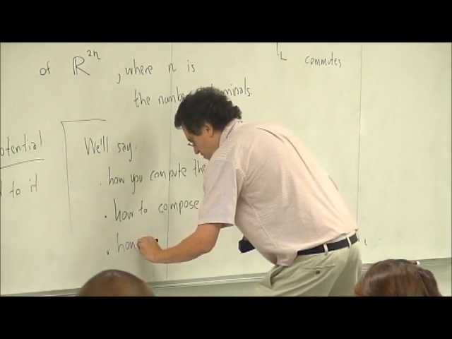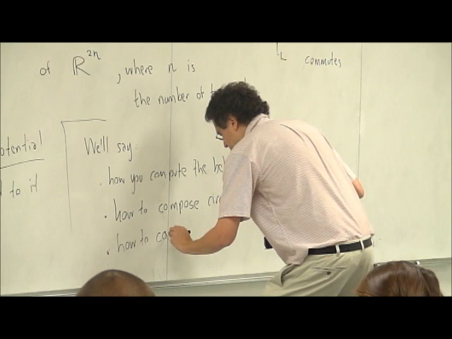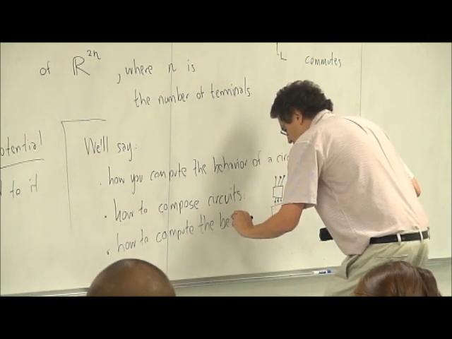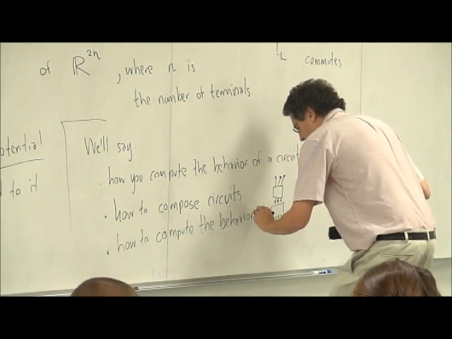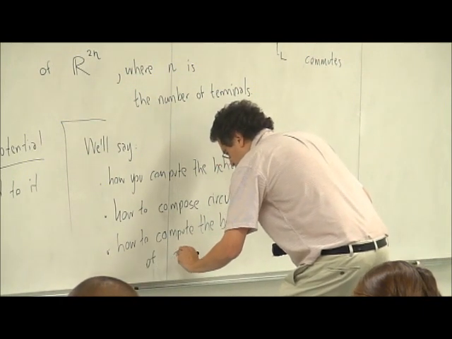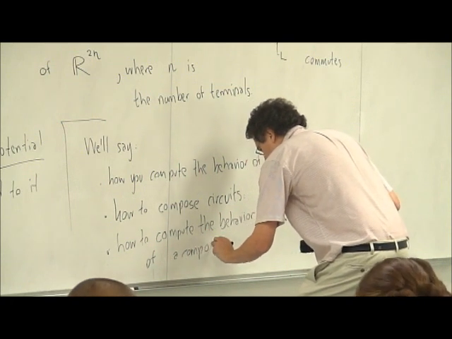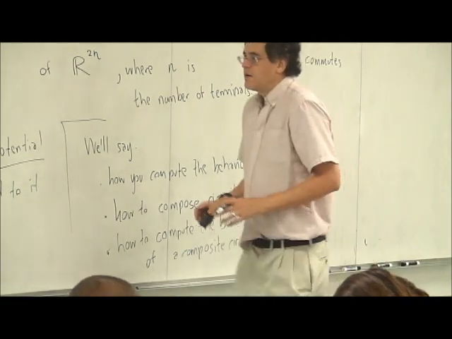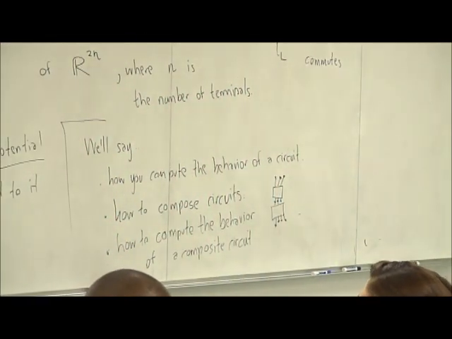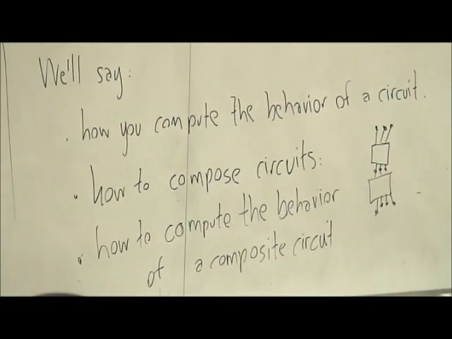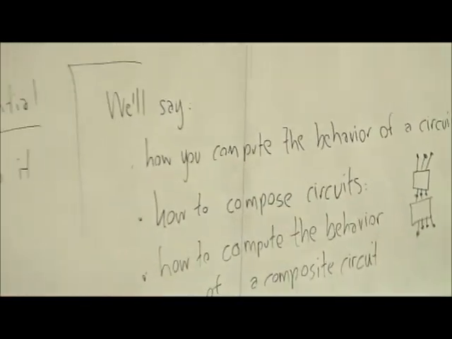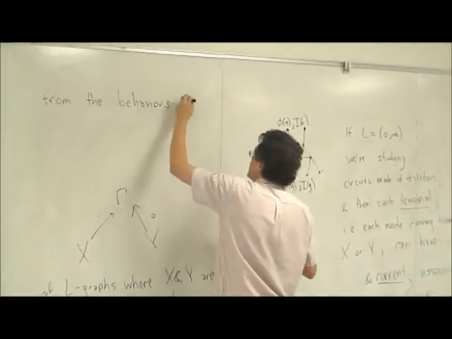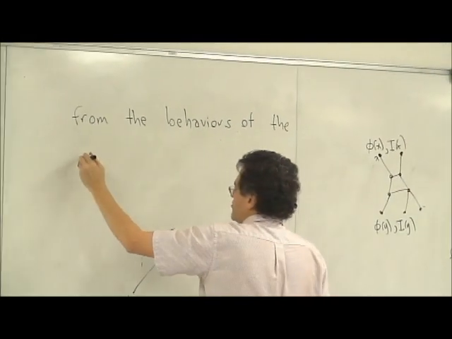So how to compute the behavior of a composite circuit, a circuit that's been made by composition. We want to compute that just from the behaviors of the two circuits we're composing.